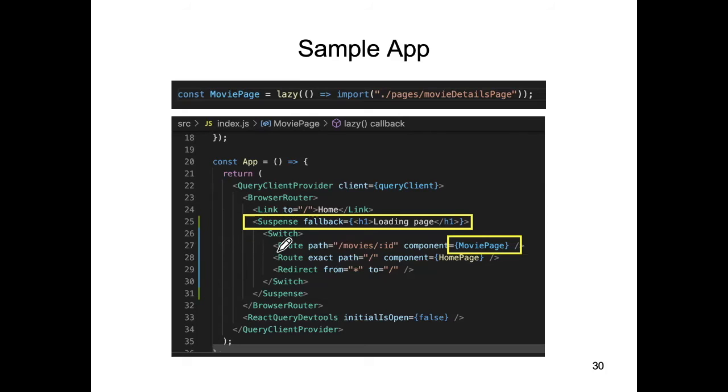I did not have to wrap it around the specific path that has dynamic imports associated with it. I can wrap it around all of the routing logic. And again, I've just decided to display something while we're waiting for the extra bundle to download.